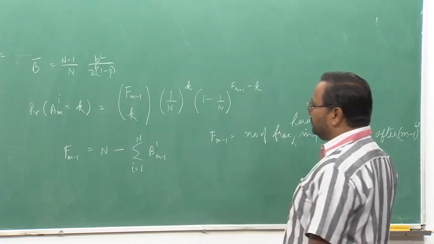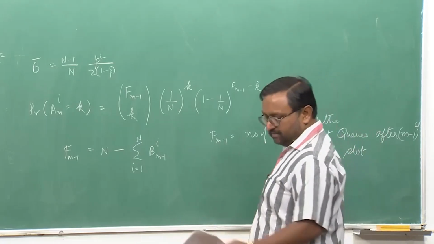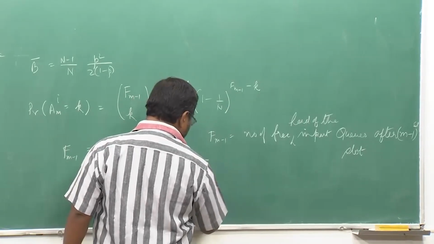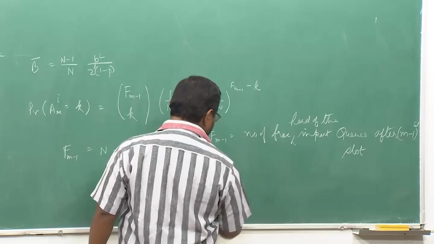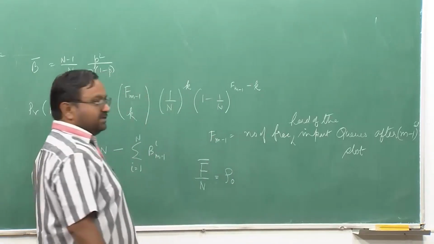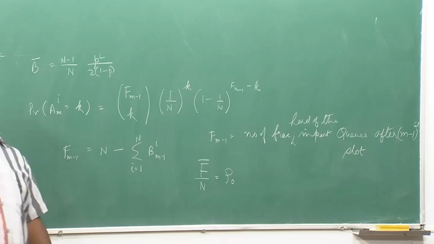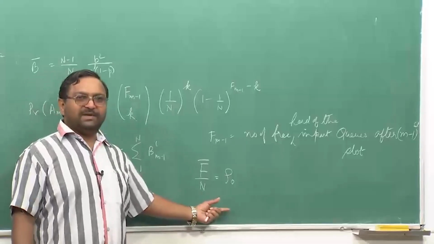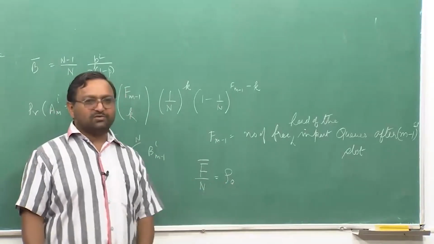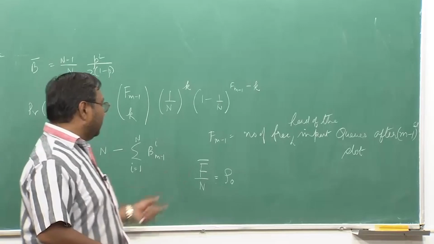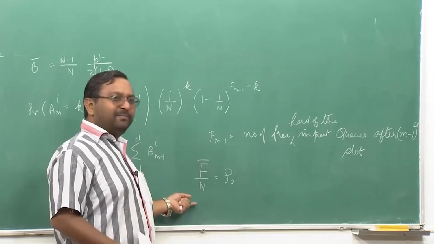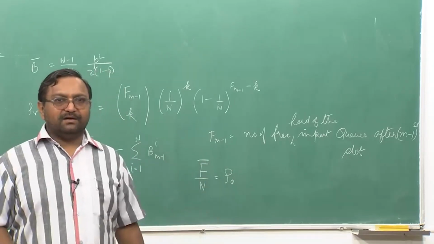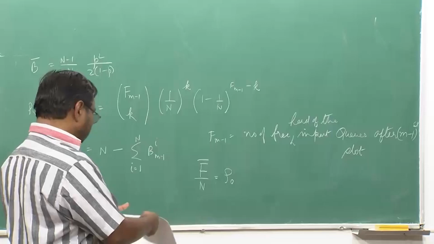And these are also the queues which will have the new packets, these many. So you can write f bar by n as the utilization of the line. At any point, utilization is technically how many packets. So for any outgoing line, this should be the load. These many packets should be going out, and I need to find out what this rho naught is. If I can find the average value of this and divide by n, that is the fractional utilization for n lines for the whole switch. That will become rho naught.